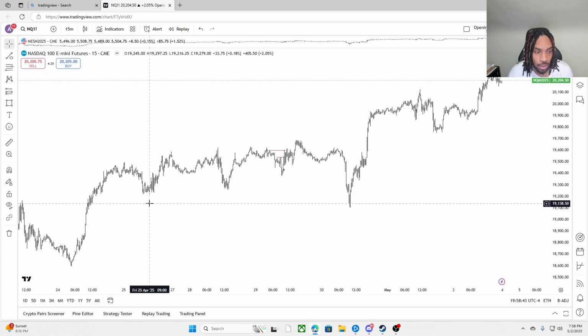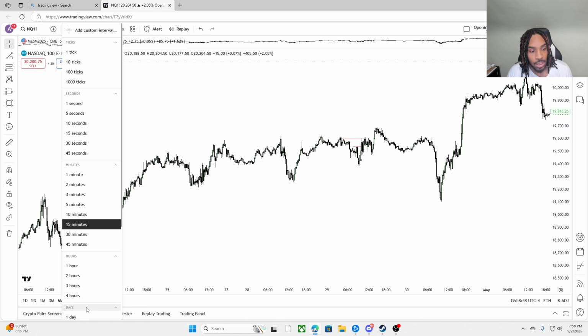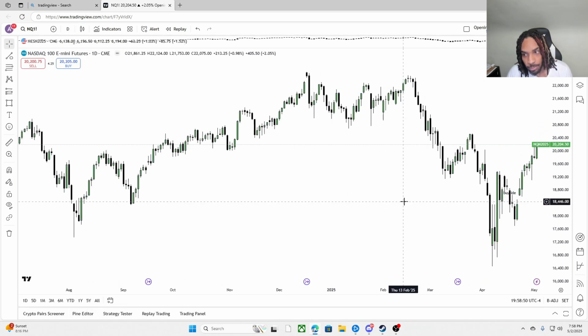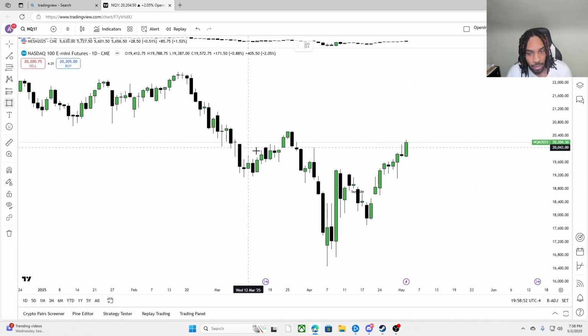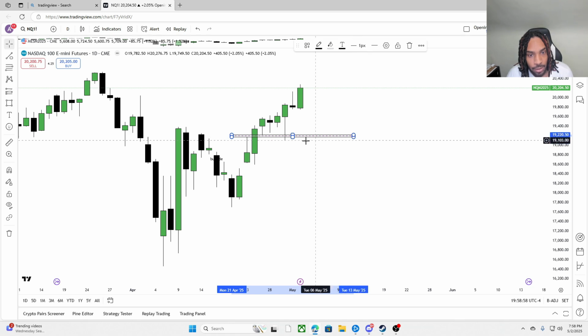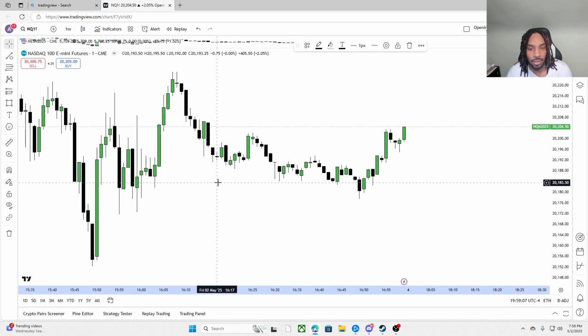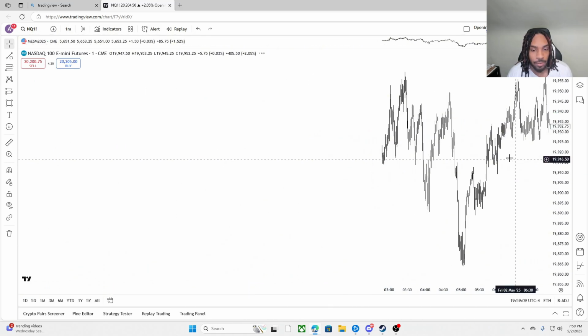Well, we took out all these lows and then we ran back into this inefficiency, which was the daily fair value gap right here. So, boom. We ran inside a daily fair value gap, and also the new week opening gap was down here as well. I just don't have it marked up on this chart. So he ran down into the daily fair value gap.